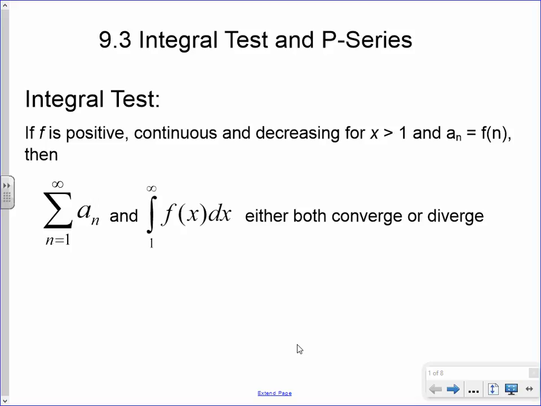So it's divergent, it's increasing. Well, if it's increasing, we can't use the integral test. We have to use something else. I mean, in theory, it's probably going to be a divergent series if that's the case. But if it's an increasing function, we cannot use this test. We would have to use a different one to show divergence.